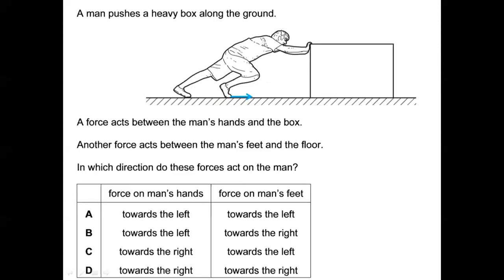Here, the man is pushing the box to the right. So the force acting on the man's hands will be to the left. Okay, so knowing that, this tells us that the answer will be letter B. The force on the man's hands will be to the left, force on the man's feet to the right.